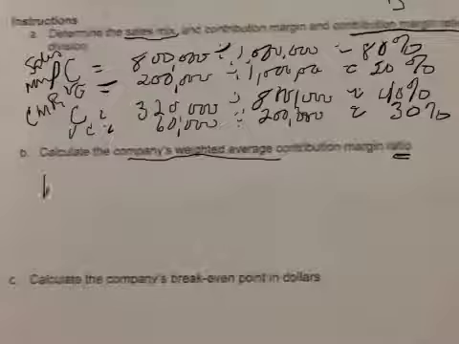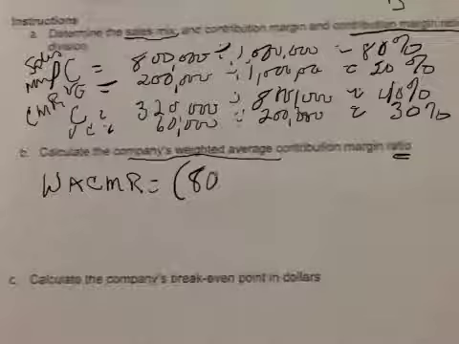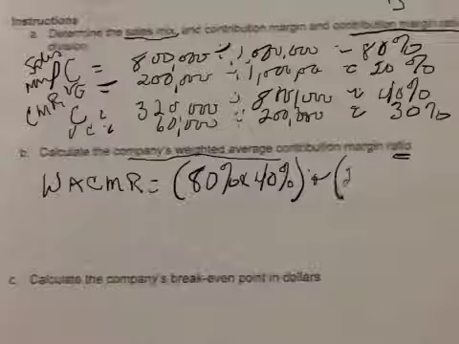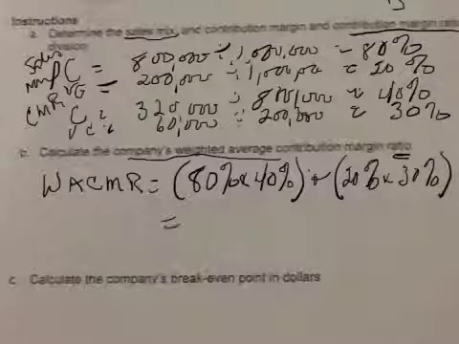So therefore, the weighted average contribution margin ratio is equal to 80% for computers times 40% contribution margin ratio of computers plus the sales mix of VG, 20%, times the contribution margin ratio for VG, which is 30%. And that then equals 38%.